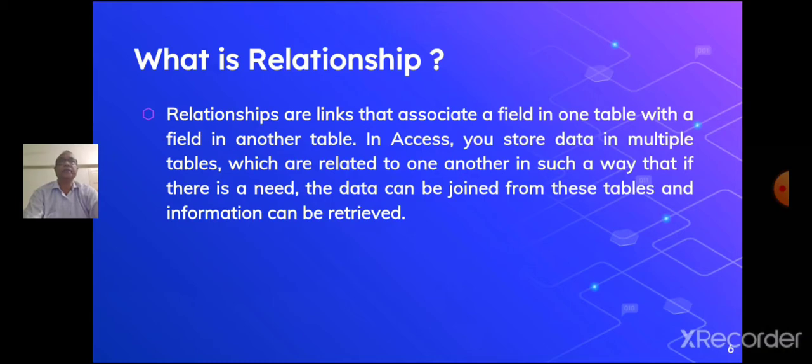In most cases, these matching fields are the primary key from one table that uniquely identifies each record in the second table. So what is primary key? Primary key is a sort of check on the table that every record in the table is unique and does not contain any duplicate data.